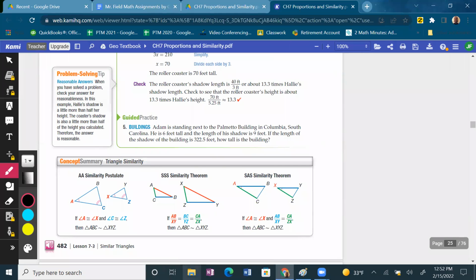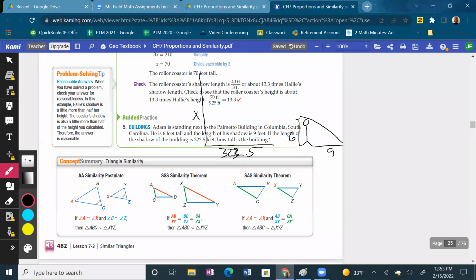Okay, so Adam is standing next to the Paul Mileto building in Columbia. Adam is 6 feet tall, and the length of his shadow is 9 feet. So we see a right triangle there. The length of the building's shadow is 322.5, and we want to know how tall the building is.